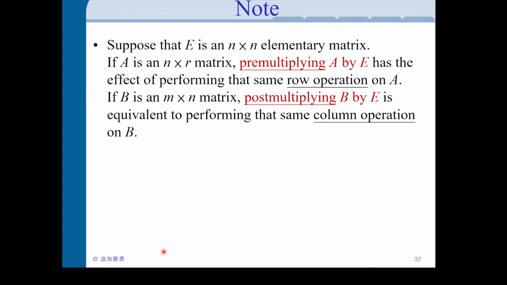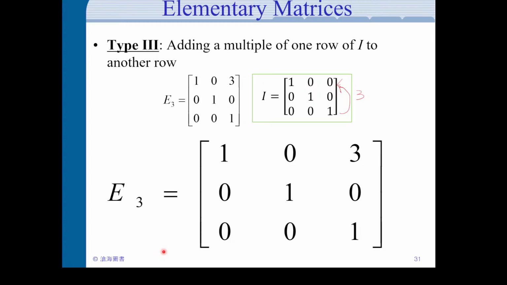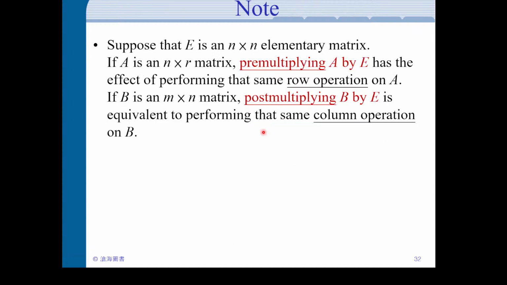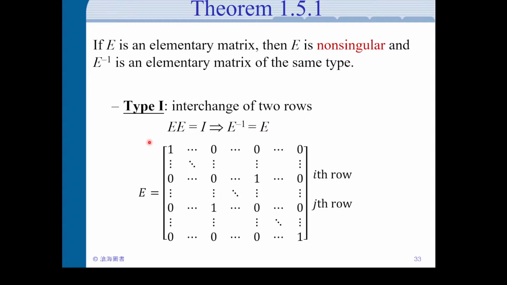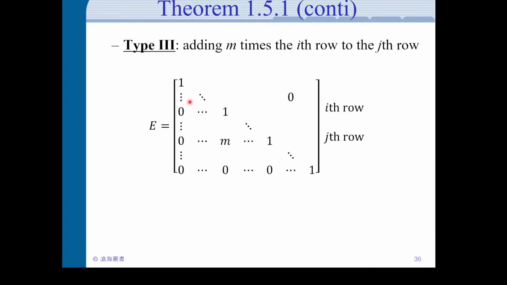Okay. And this thing will also give us, if you multiply this on a matrix, the corresponding row operation. Okay. And I guess we'll put these together in 1.5, and let's do this here.